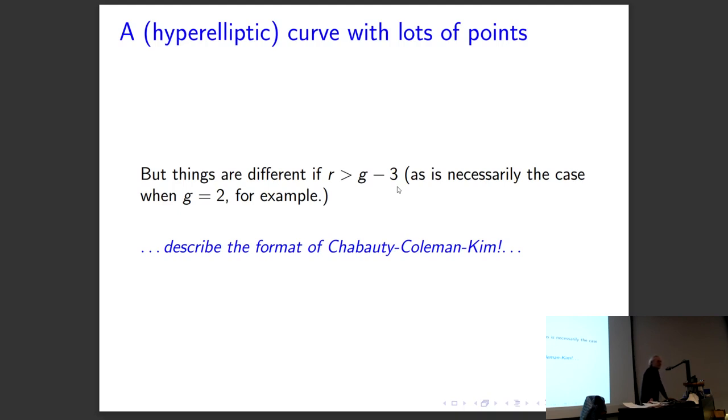One was always constrained by having the rank less than the genus, which is unfortunately an annoying hypothesis.